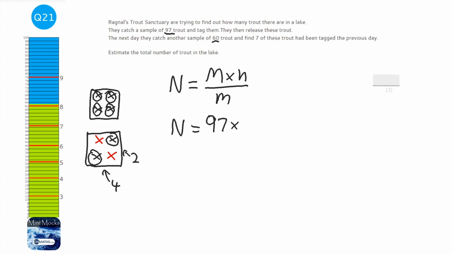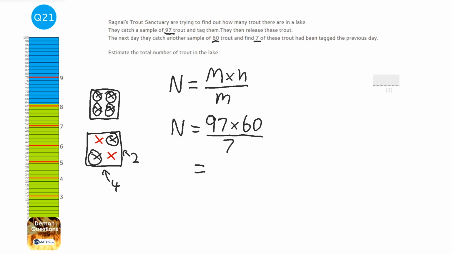That's the sample then we took a few days later or the next day. So that's 60. And we're going to divide that by the amount of those 60 that were tagged or that were marked, which is 7. And so all you need to do is just type that into a calculator, which I've got handy. So it's 97 times 60 and then over 7.